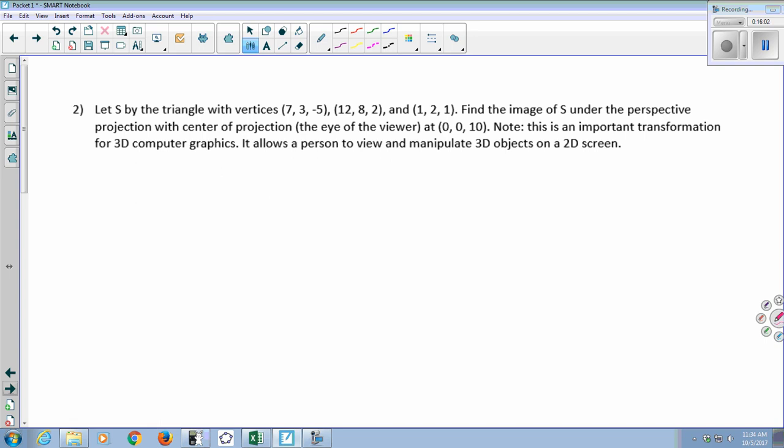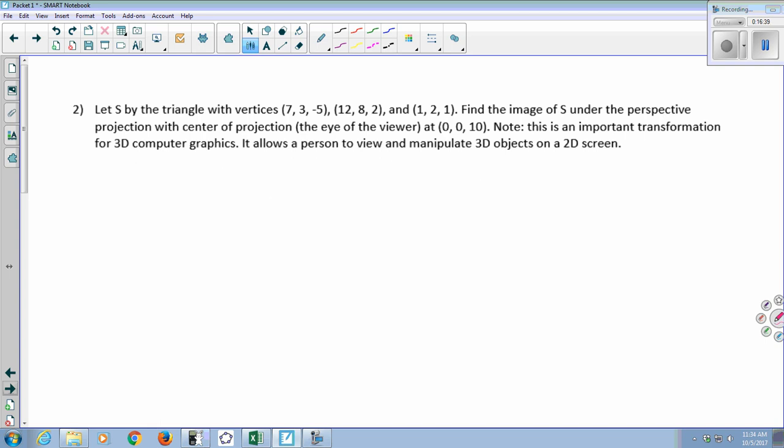So all your important points get translated into 2 dimensions by drawing a line from your eyes through the important point on your 3D object onto your 2-dimensional screen. Then you figure out the coordinates by similar triangles, and they use similar triangles to create some nice easy formulas that you can just remember. But it's all basic high school geometry. If you know the 3D coordinates of this point and you draw a line through it onto 2 dimensions, you can use similar triangles to figure out where it lands.